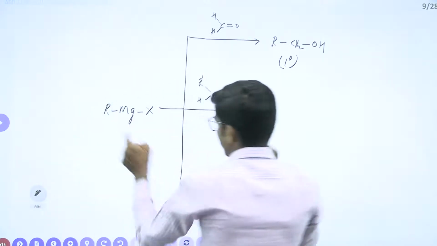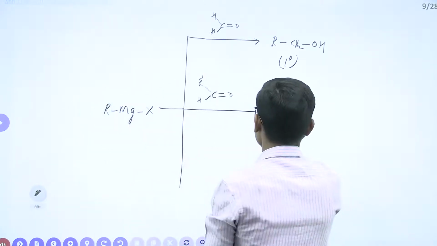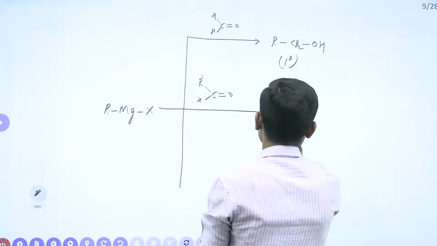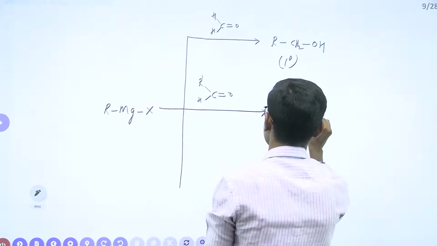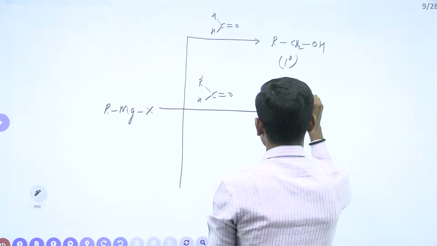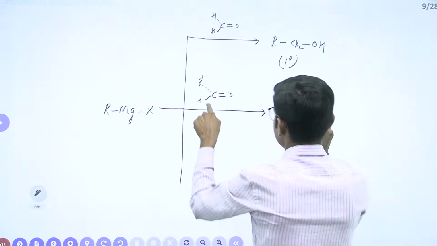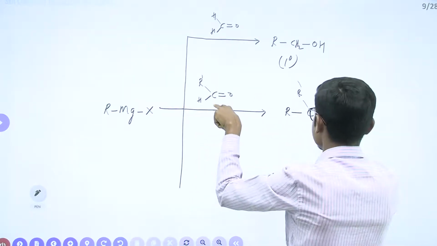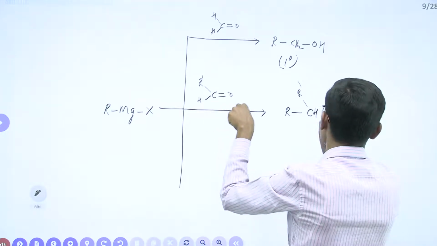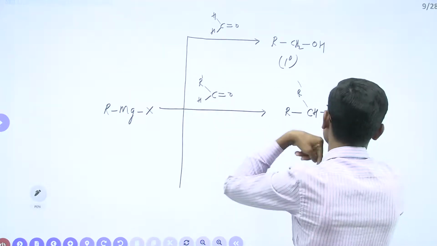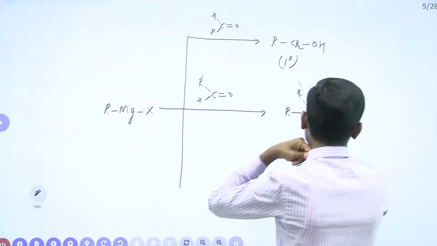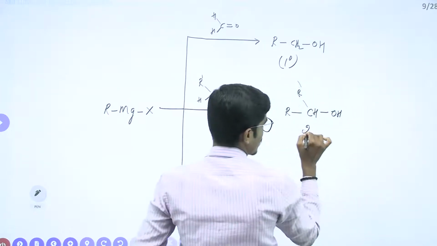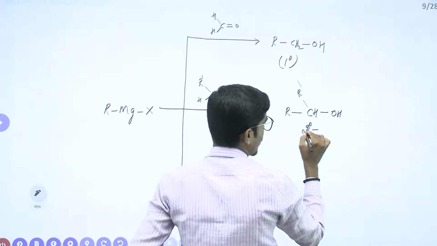So this R will attack the same carbonyl compound. This R attacks the carbonyl compound and this R dash remains as it is, and this is one hydrogen. CH, single bond O, and after hydrolysis it gives rise to an alcohol. So this is a secondary, 2 degree alcohol.